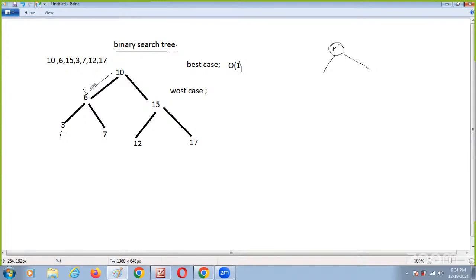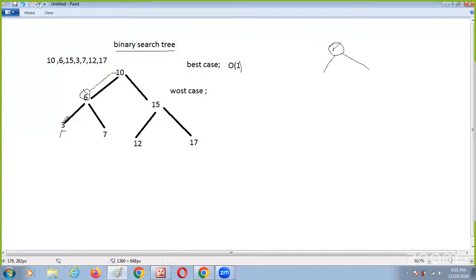That is one comparison. Now it is not the root node. Now is it a greater or lesser value? So now it comes to this position. Is 6 equal to 3? No. If not, then we have to search for element 3: is it greater than 6 or lesser than 6?